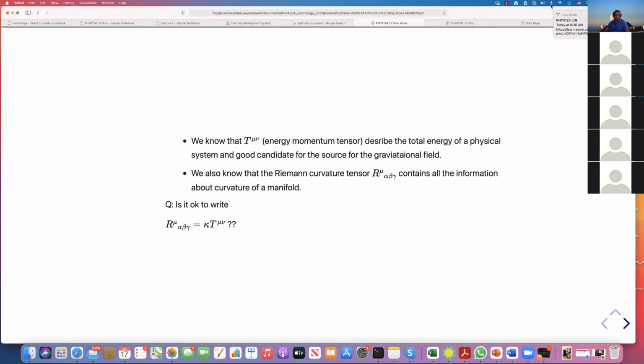And remember there is something called the type of a tensor, and the other one is the rank of the tensor. Type is basically how many upper indices and lower indices you have; for this one, the type is (1,3). So what I am asking is the rank of the tensor.